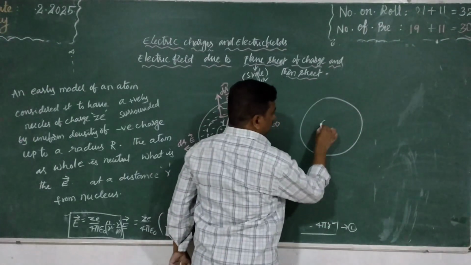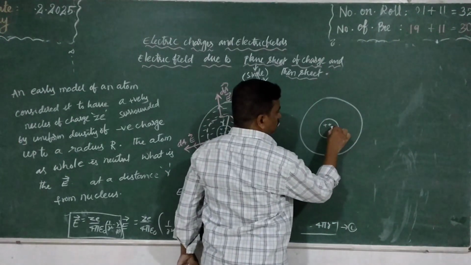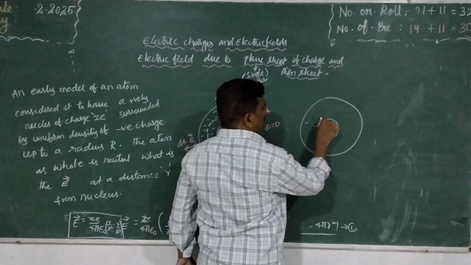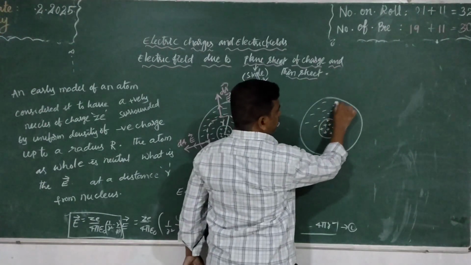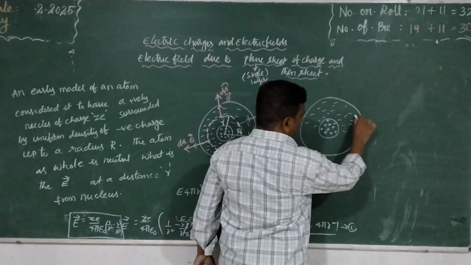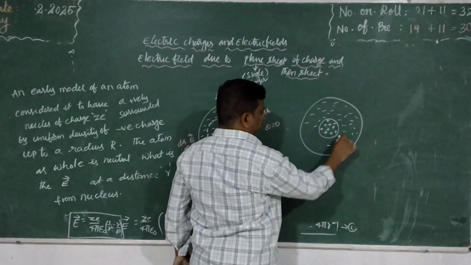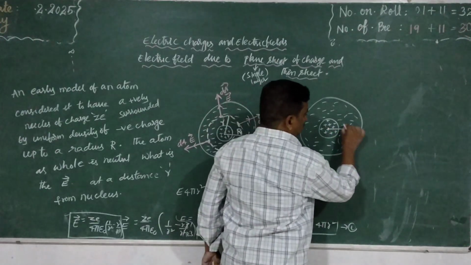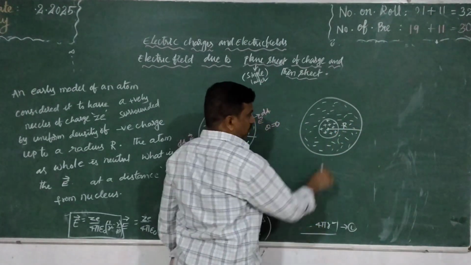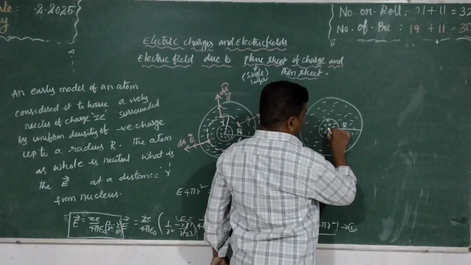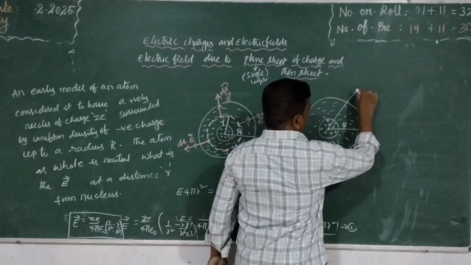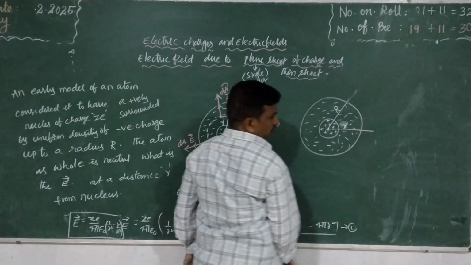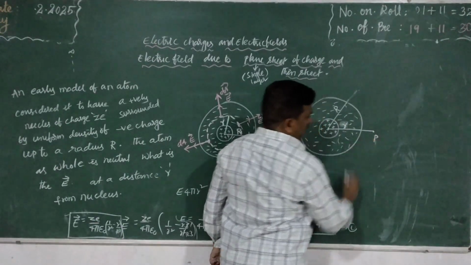Inside is positive charge, and outside is negative charge, after the nucleus. From the center, this is capital R, the radius of the atom. At distance small r at point P, what is the electric field we find out?